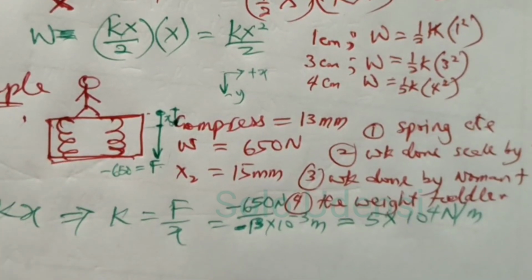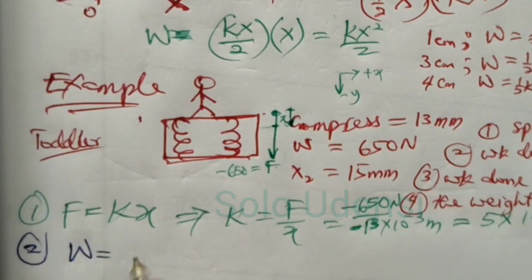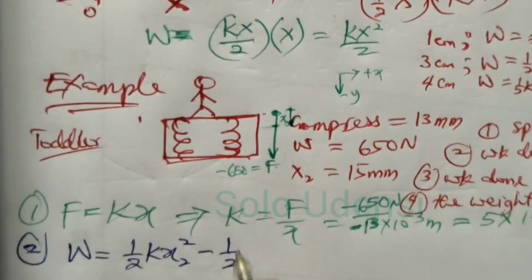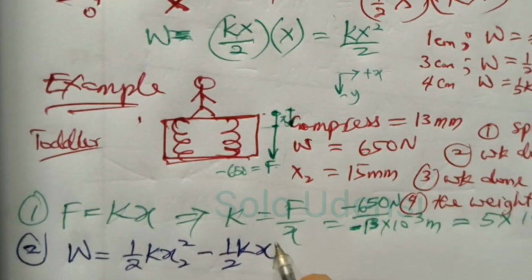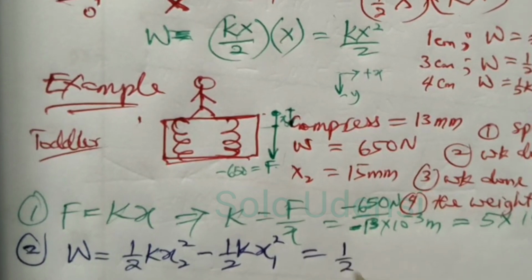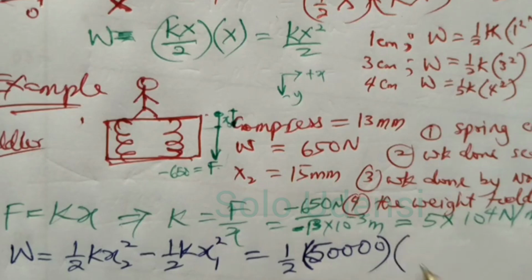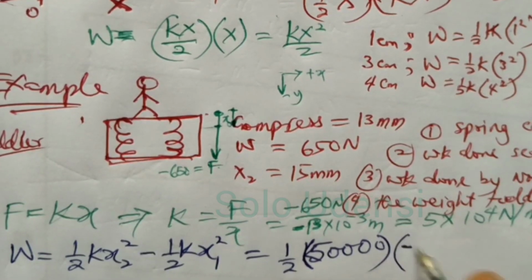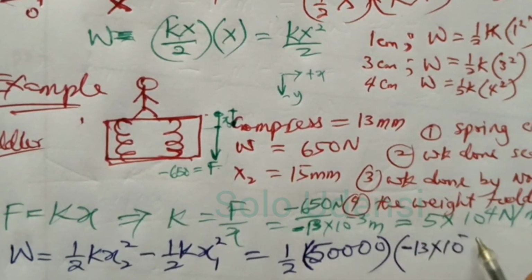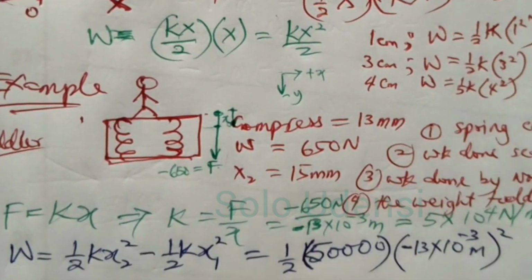The second one: initially it was at equilibrium position, and from what we have been doing, the work done will be half k x2 squared minus half k x1 squared. And x1 is 0 because it's at equilibrium position, so we'll have half times 50,000 times minus 13 times 10 raised to the power minus 3 meter all squared.